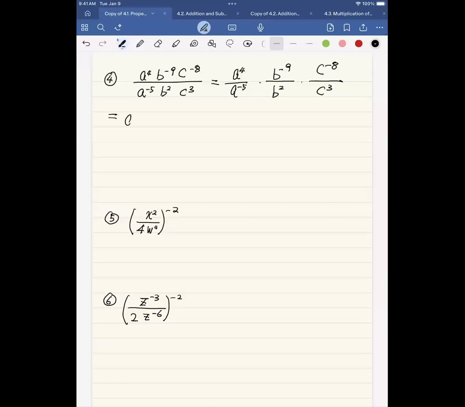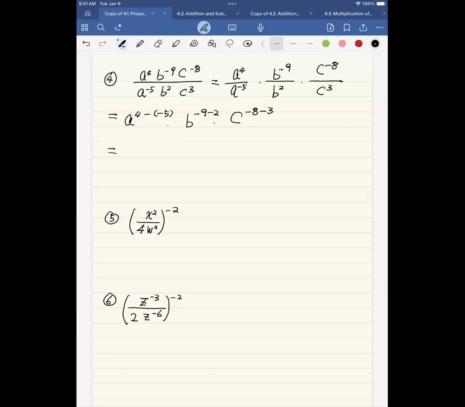So that is a to the fourth power minus 5 times b to the negative ninth power minus 2 times c to the negative eighth power minus 3.